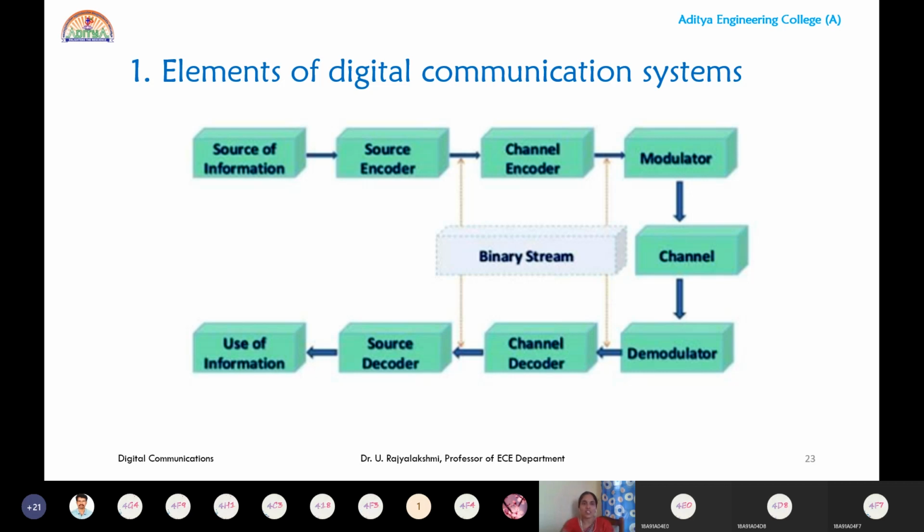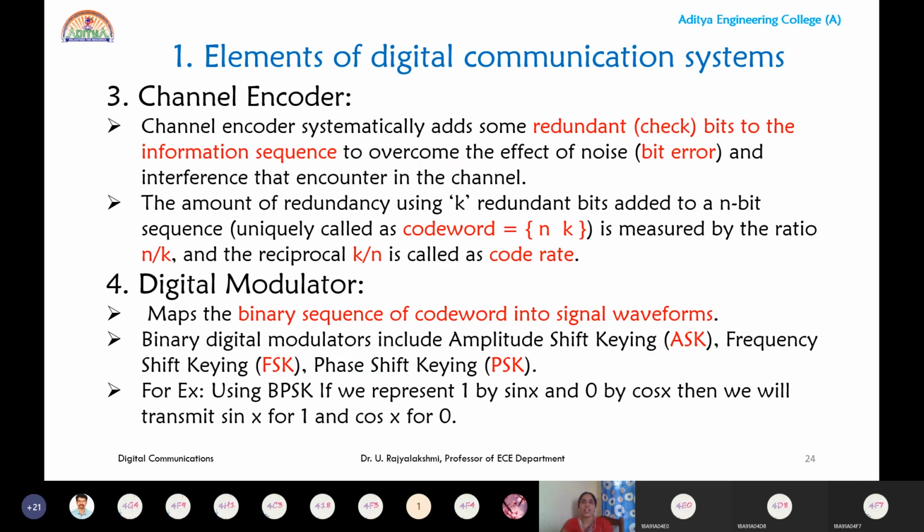So what does the channel encoder do for us? This channel encoder adds k number of check bits. These are redundant bits added especially to overcome the problem of bit errors. The bit errors can be identified and corrected by using the channel encoding system. So the channel encoder collects the binary sequence obtained from the source encoder and converts it into a sequence of code words.